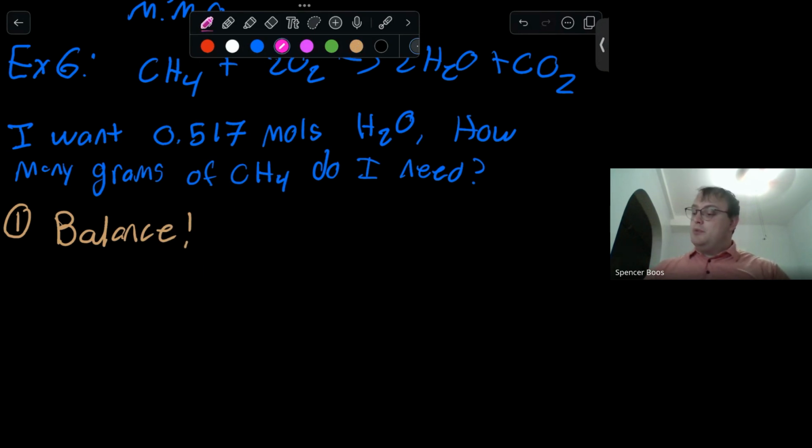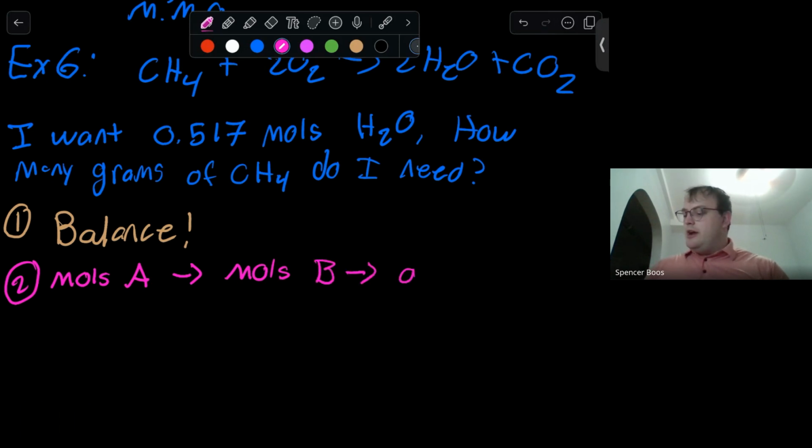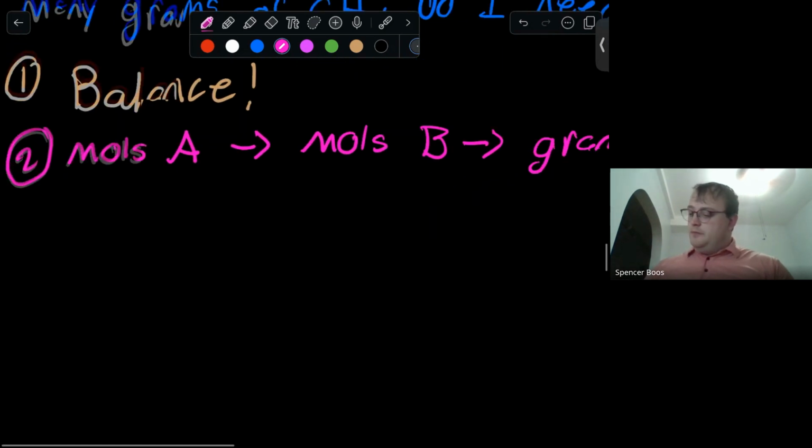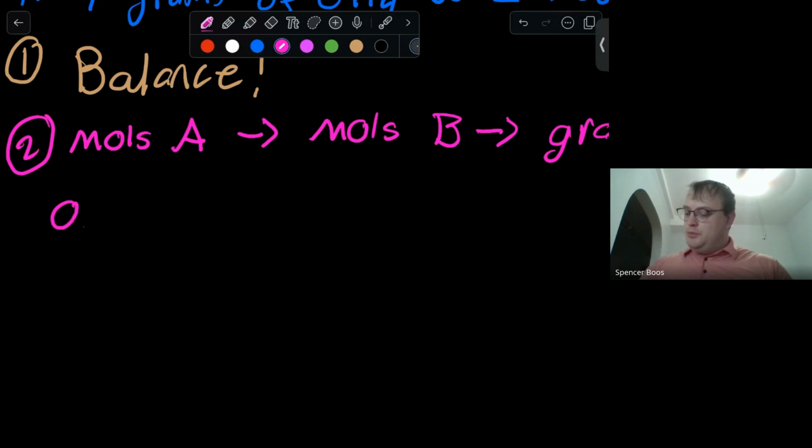Your second step, we'll do it in pink, is to go from moles of A. And whenever I say moles of A, that's your given, or grams of A, that's your given, to moles of B to grams of A. So let's begin. 0.517 moles H2O.